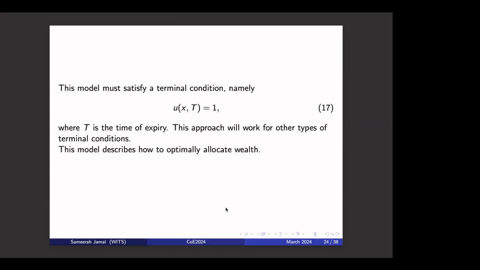This model also includes a terminal condition where capital T is the time of expiry. We tried this approach that you will see here on many other types of terminal conditions. We tried European call options and so on, and it works very well. One is able to find solutions that satisfy such terminal conditions.